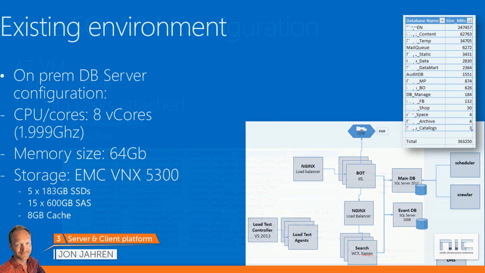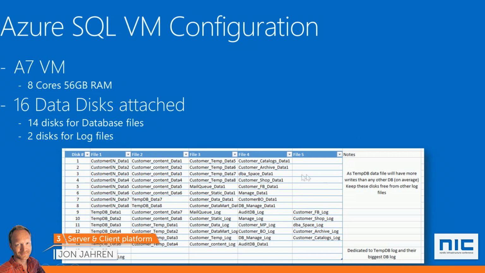So just an example here. Here's an example of a customer who has a pretty large database, and they decided to allocate 16 disks. Here we see an example of using 6 of those disks for your TempDB data files, 1 for your TempDB log, and the rest for your customer databases, and then 1 for your user database transaction log.